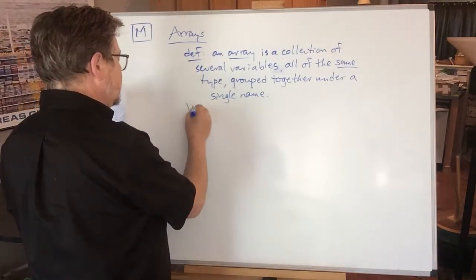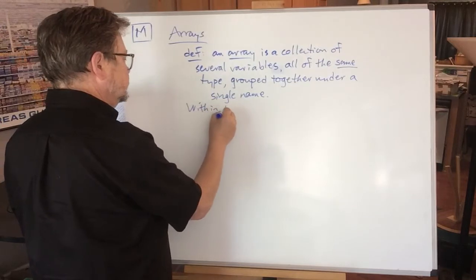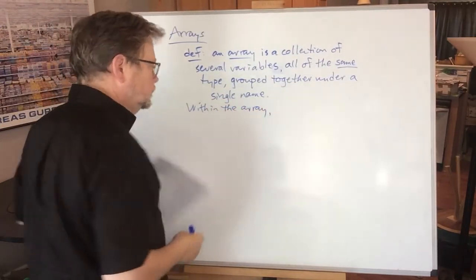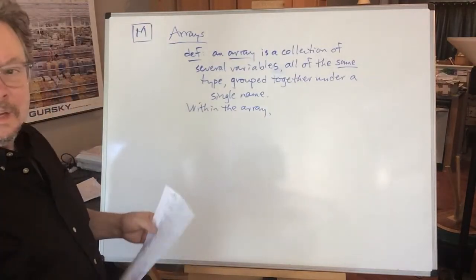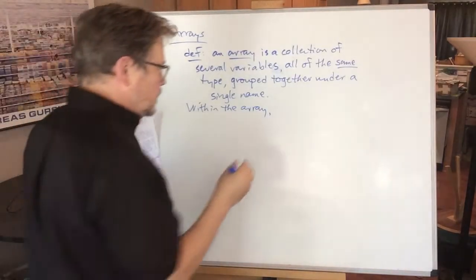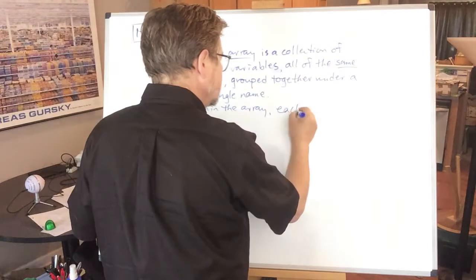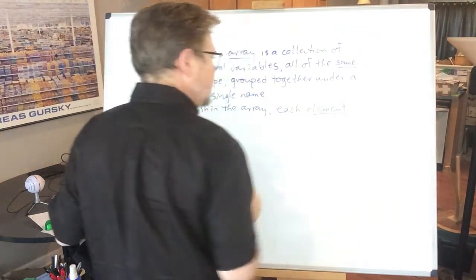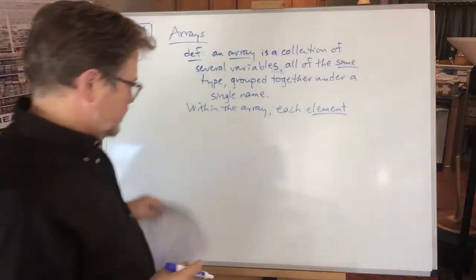Within the array, each element is distinguished from the others. I'll underline element. I'll come back and say something about that after I write this down before I forget it.